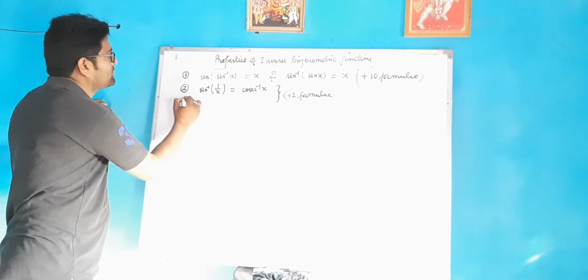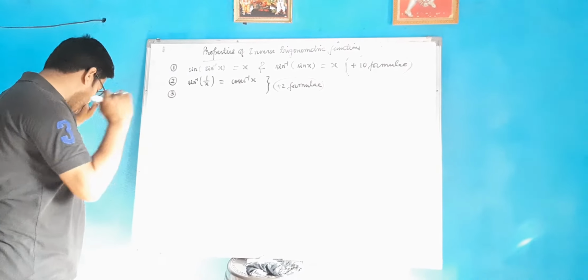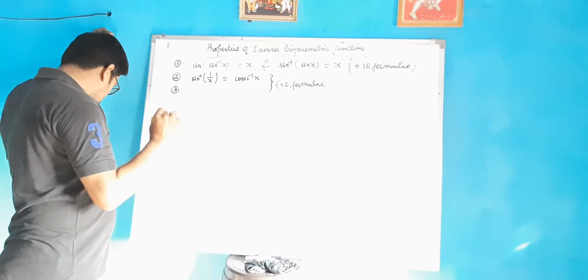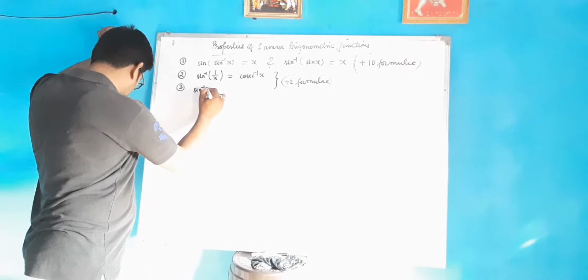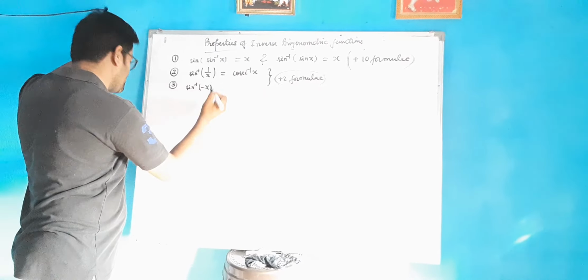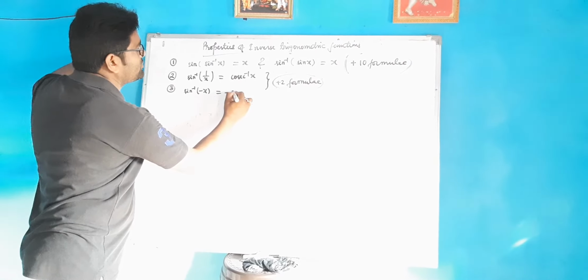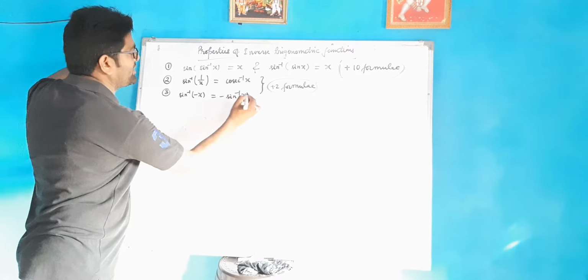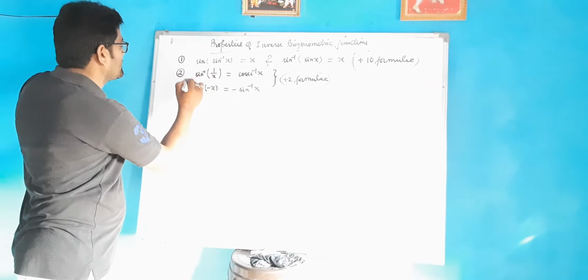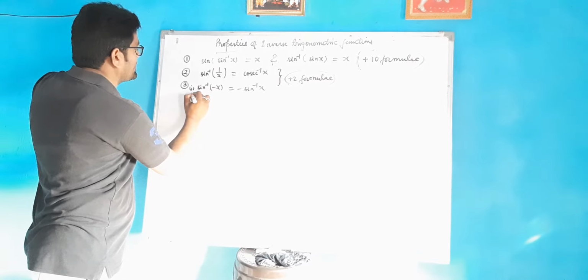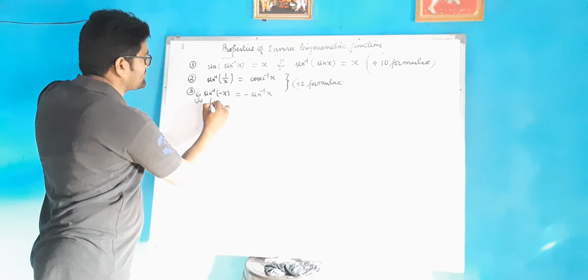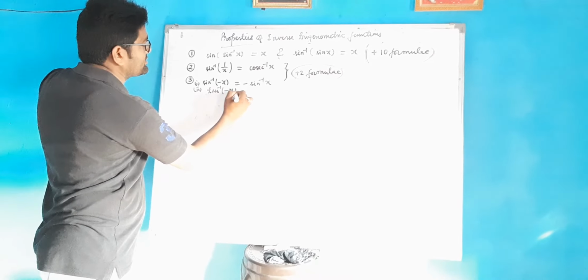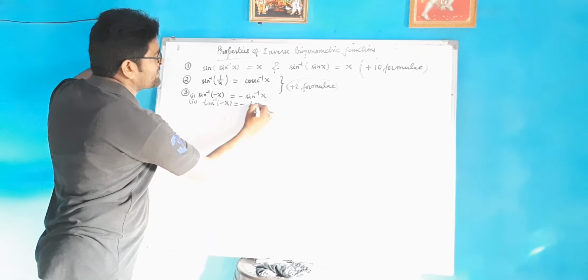Now the third formula, the basic formula: sine inverse of minus x is equal to minus sine inverse x. We have to write it first. Second, tan inverse of minus x is minus tan inverse x.